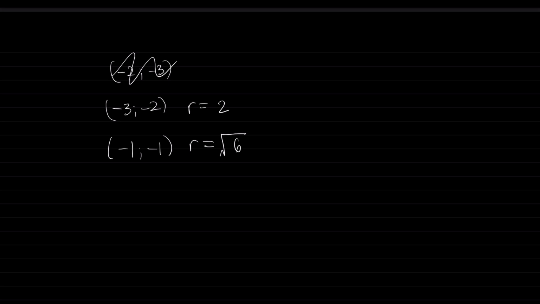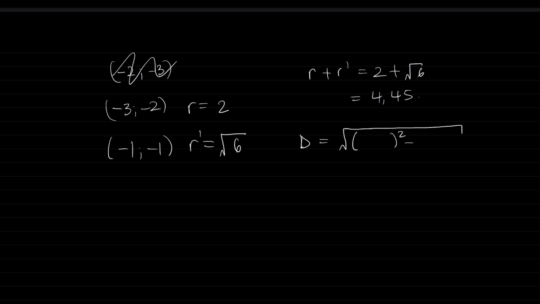Now let's add the radii. So r plus r prime is going to be 2 plus the square root of 6. That's equal to 4.45. Now let's look at the distance between the centers. The distance between the centers can be calculated using the formula: x2 minus x1 all squared plus y2 minus y1 all squared.